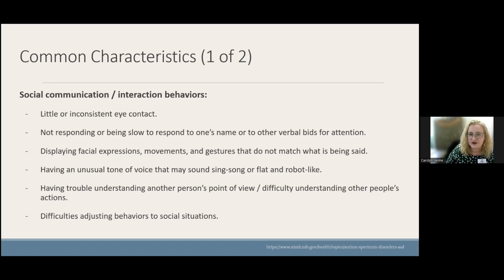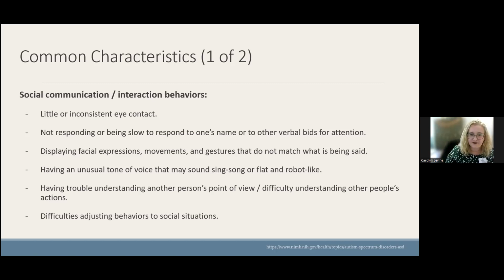So maybe their tone of voice is very angry, but they're saying, I love this class, and their brows are furrowed. And you're like, do you love this class? Because you look really mad about it. Things like that. Having an unusual tone of voice, sometimes it can sound almost sing-songy, or it might sound flat and robot-like. That really flat affect, not showing a lot of emotion on their face, is very common for folks with ASD.